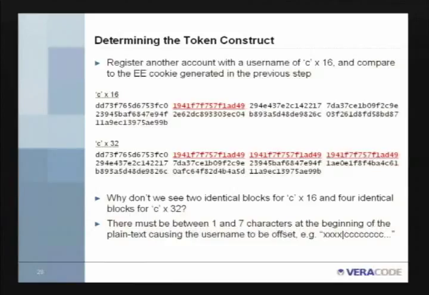So maybe the username starts like here, and goes from here to here, and it doesn't perfectly align with the block boundaries. And you can see there must be between 1 and 7 characters at the beginning of the plaintext, causing that username to be offset. So we want to figure out what that offset is.